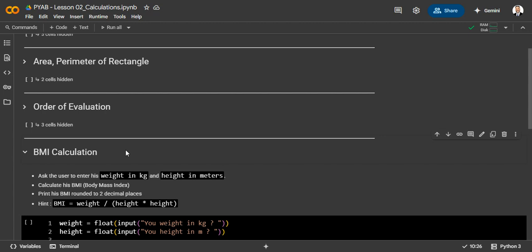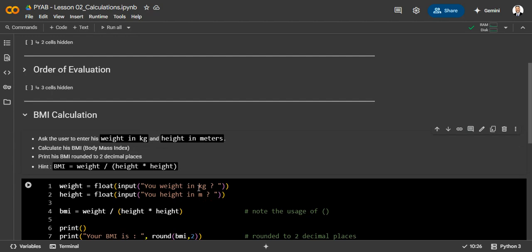The formula is weight divided by height times height. Note there is a bracket here because it has to be weight divided by the multiplication of height times height. Weight must be in kilograms and height must be in meters for this formula to work.